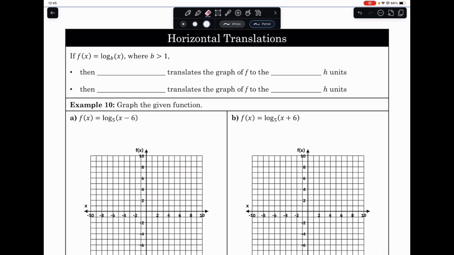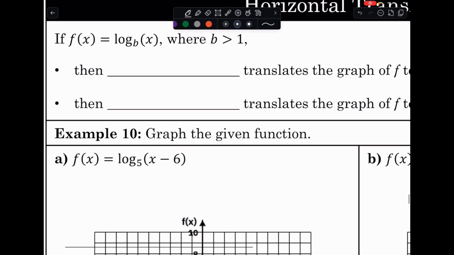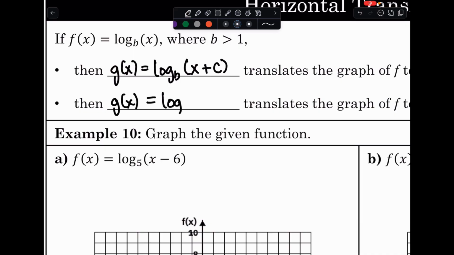The notation for a horizontal translation, let me zoom in, would be g of x equals log base b of x plus c, or log base b of x minus c.